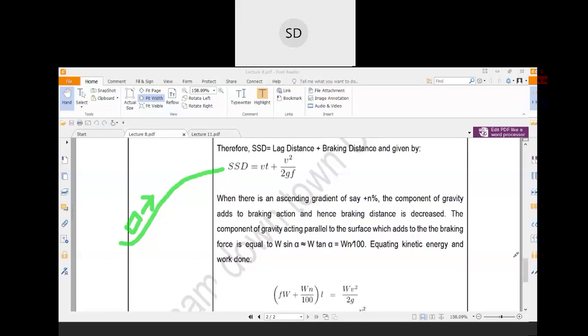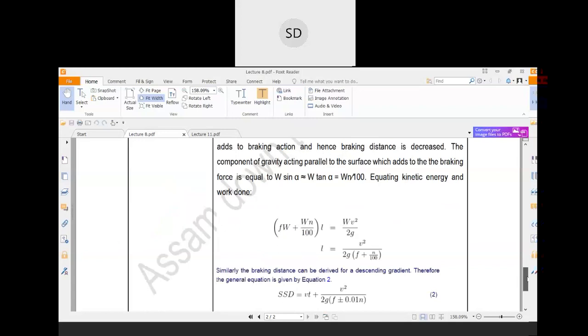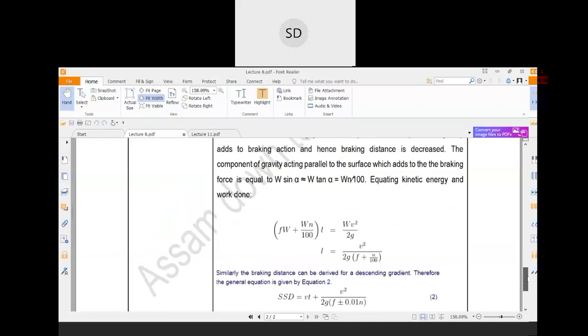If it is n%, your total sight distance would be Vt plus v square divided by 2g into f plus n by 100, because your ascending or descending gradient was n%.